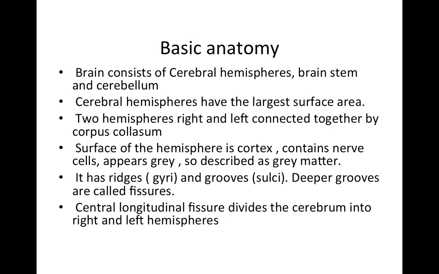As I told you, the brain consists of cerebral hemispheres, brainstem and cerebellum. Cerebral hemispheres have the largest surface area of the brain. Both the hemispheres, right and left, are connected together by the band of white matter called corpus callosum.